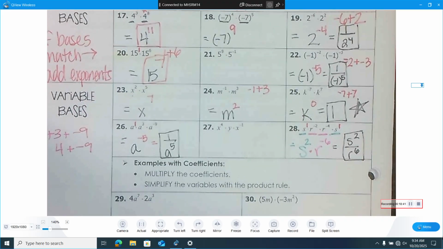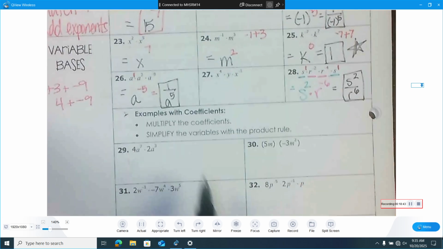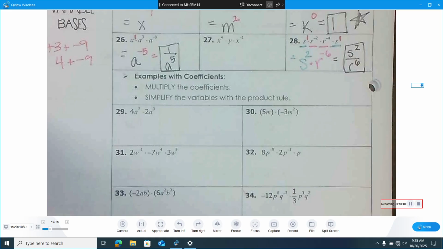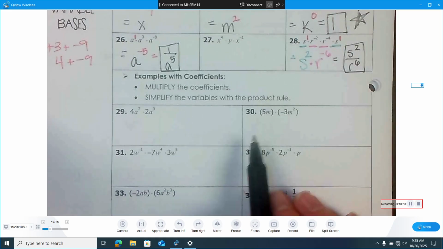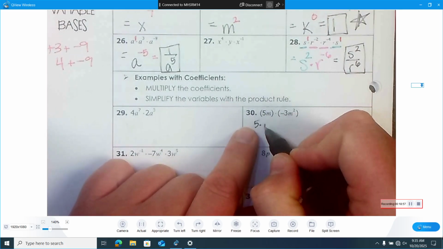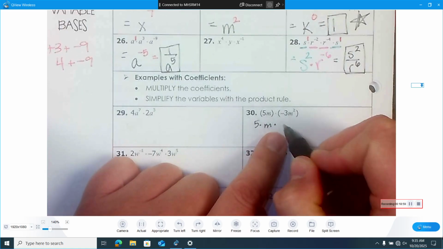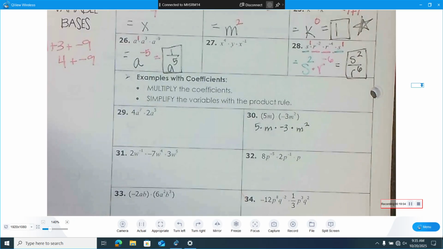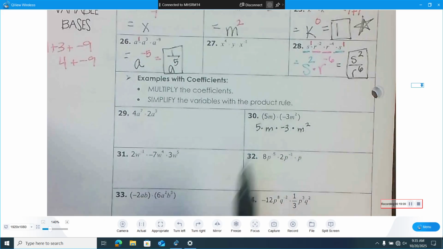Okay, so now we sometimes have coefficients and variables, and so it can get a little more complicated. But what I want you to remember here is that when we look, this is a 5 times an m times a -3 times an m squared. Everything is being multiplied. And so when you see parentheses, you've got to ask yourself what's really happening here. It's just a big giant multiplication problem.